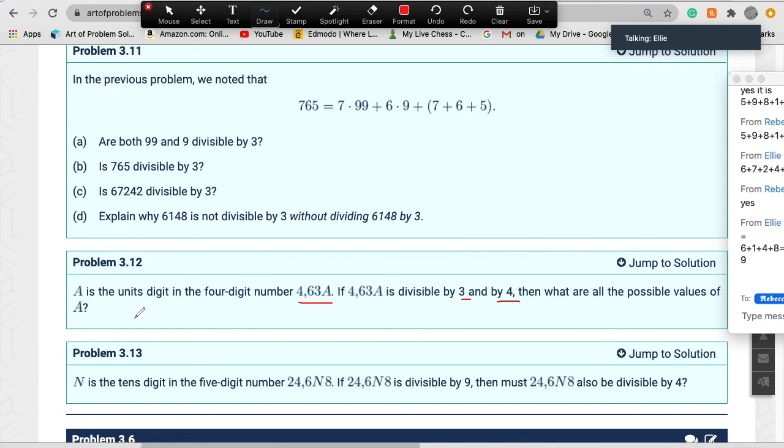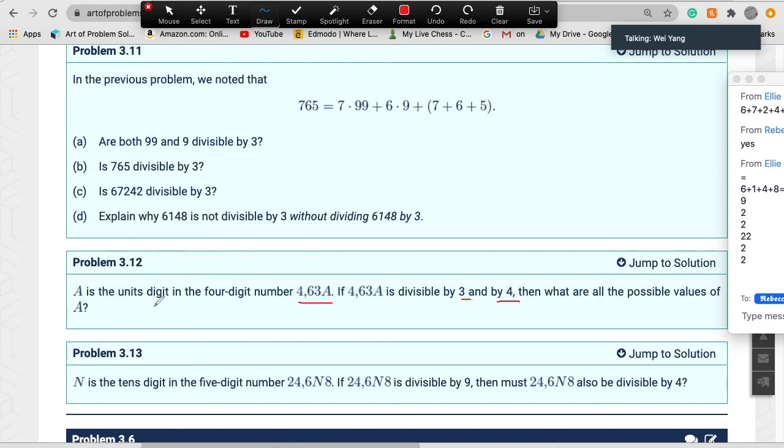Wait, is there more than one possible value? I think the answer, you can try it. Wait, there's 1 minute left. Am I correct? Yeah, that answer is correct.